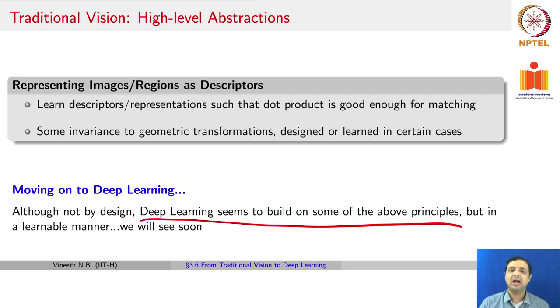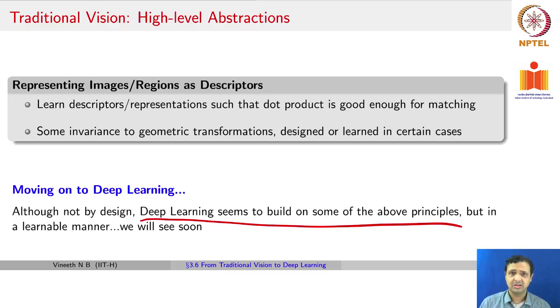But we see that the idea of trying to detect low-level responses of images to different kinds of filters, and then aggregating them and building higher level abstractions, and then going to a point where the last representation becomes very simple for a task, seems very similar to an idea that deep neural networks also seem to use for solving vision tasks. Although this may not have been by design, it seems to be similar in the overall structure.